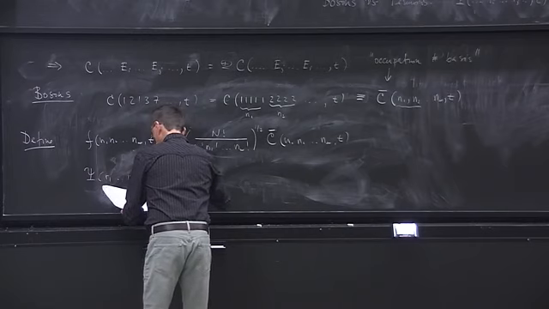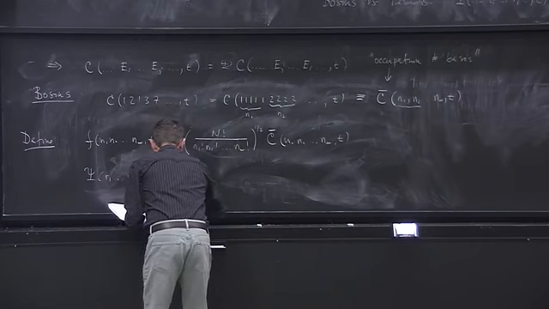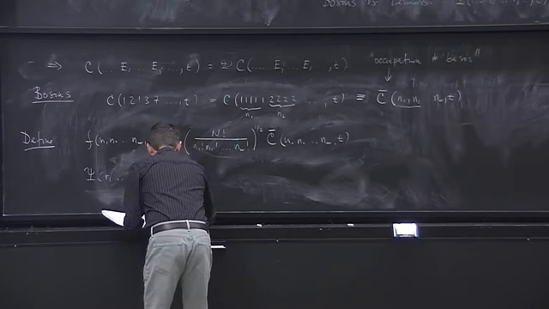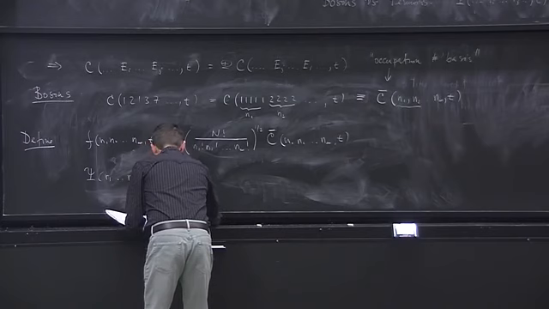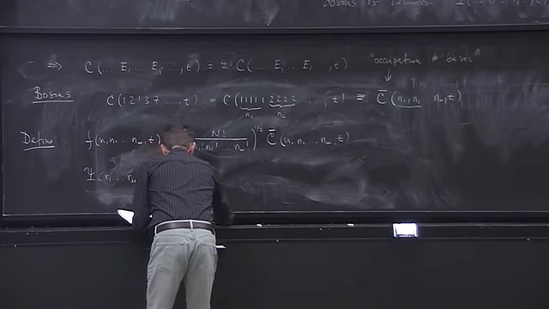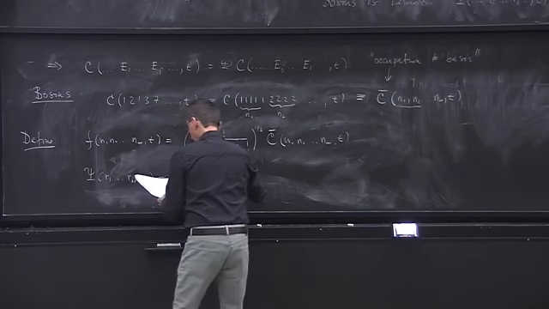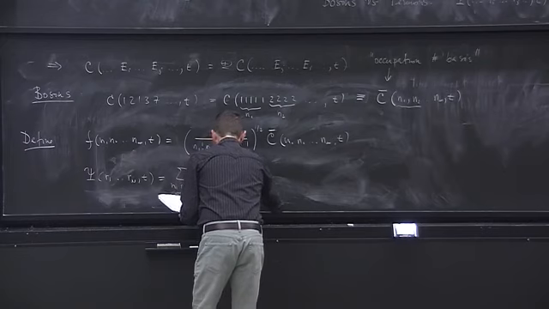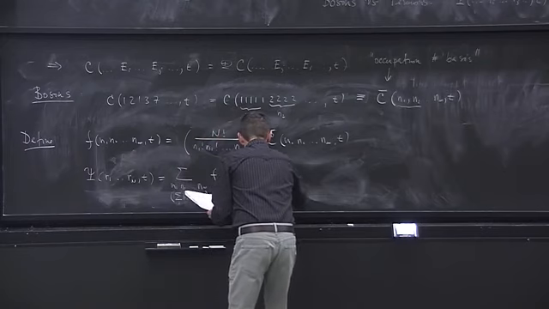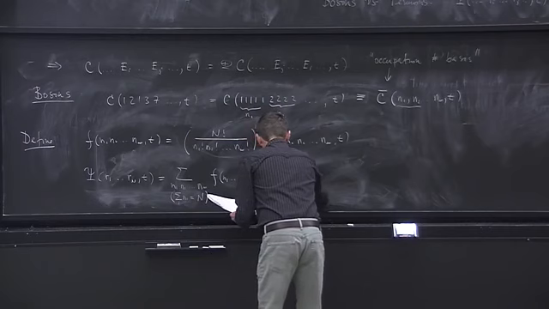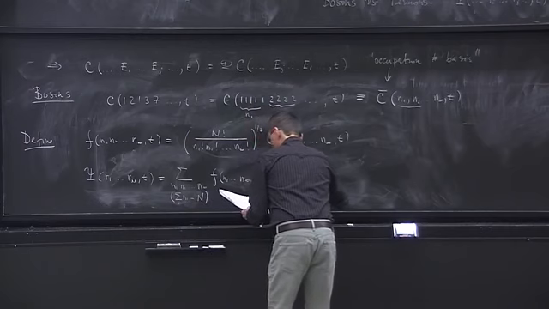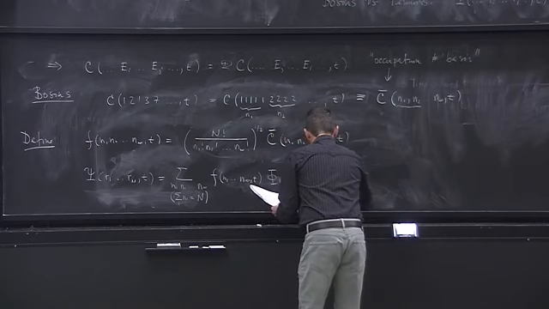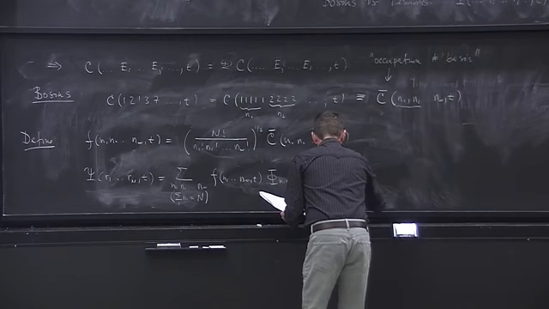Can be written as a sum over n1, n2, up to infinity, such that the sum over i of n_i is equal to capital N, of these coefficients f(n1, ..., n infinity; t) times phi n1, n2, ..., n infinity (r1, r2, ..., rn).